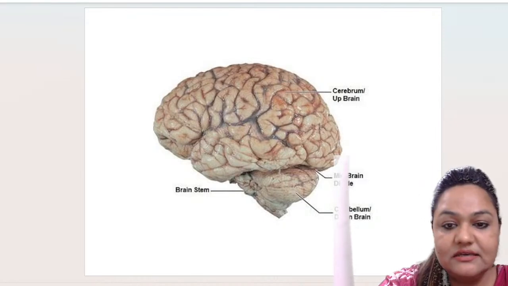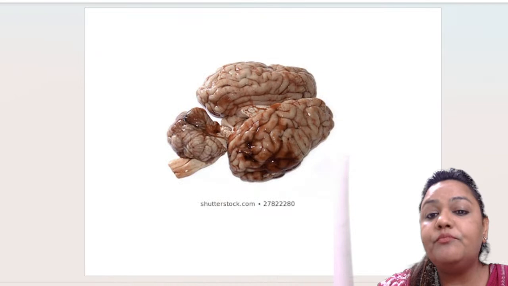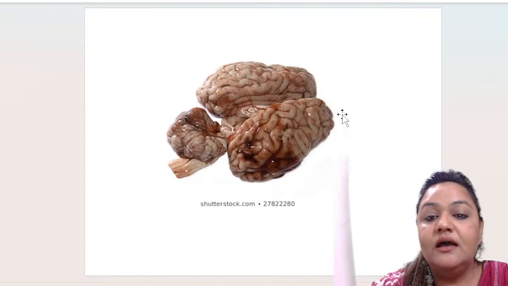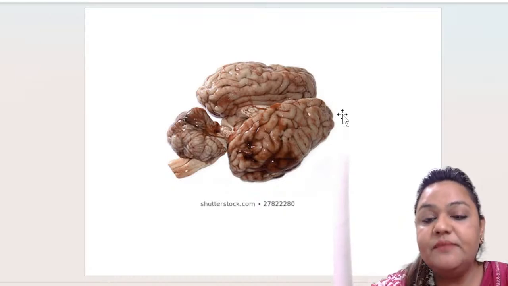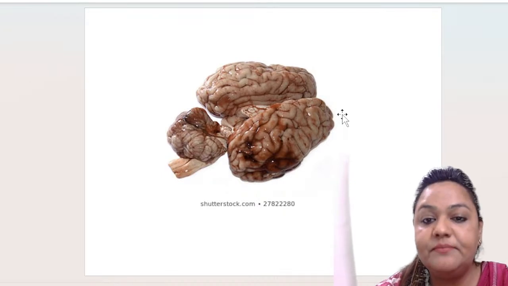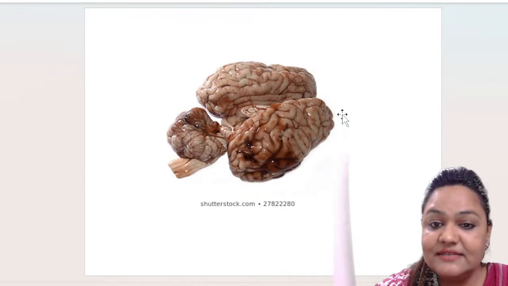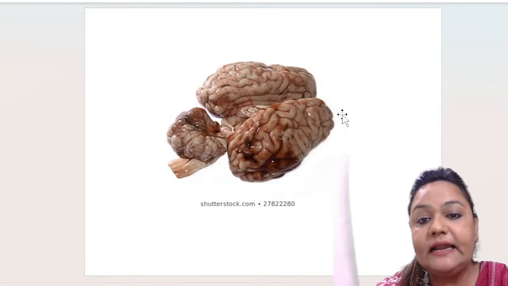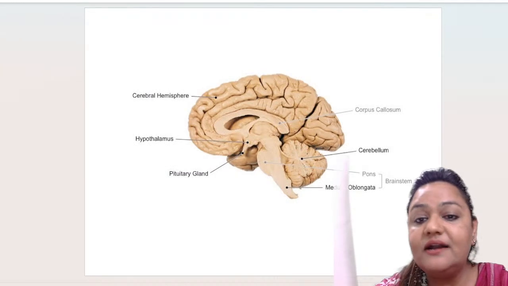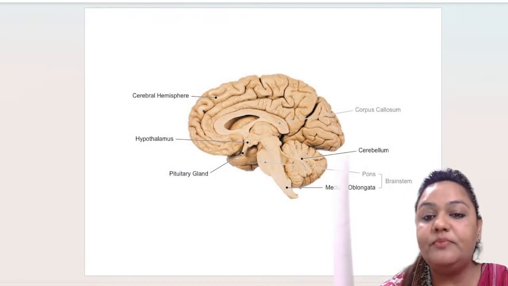Now you can see this is the image which is showing both cerebral hemispheres, including the brain stem and the cerebrum. Here you can see the cerebrum has two parts, and each part is called the cerebral hemisphere. Now each cerebral hemisphere is connected with the other with the help of a structure called the corpus callosum.